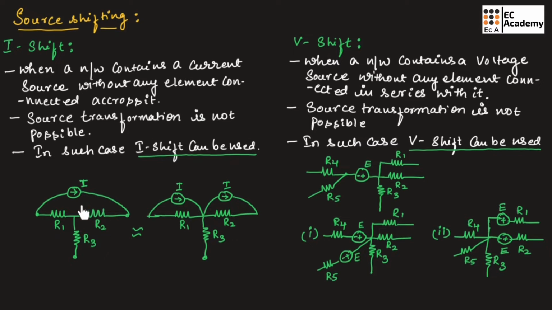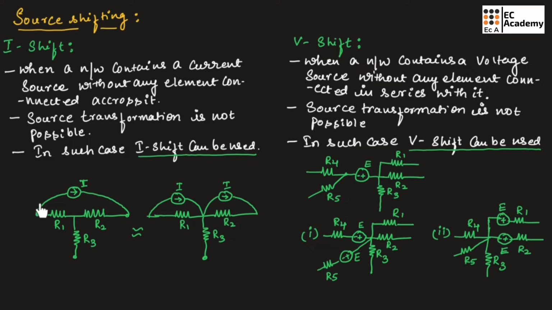Here we have taken an example. As you can see, we are having a current source and no element is connected in parallel with this current source. That's why we cannot perform source transformation. In such cases, we'll perform the I shift or current shift as shown in this second figure.